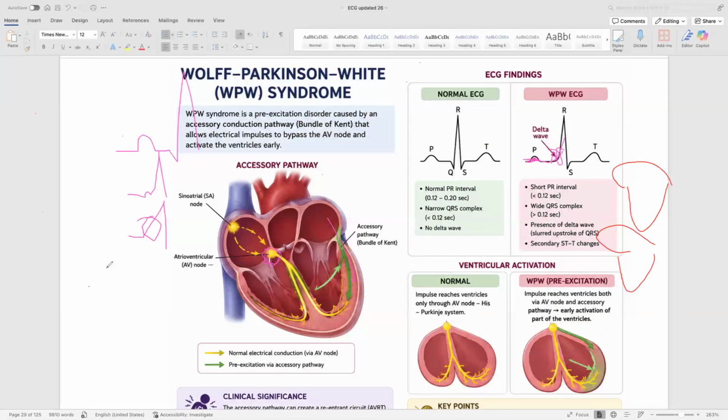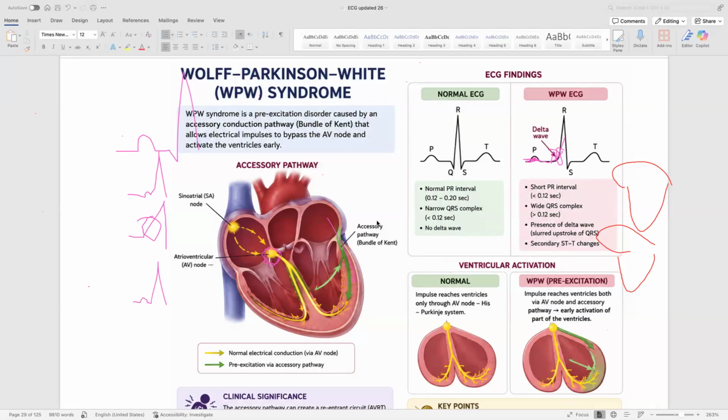Okay, if the rate is fast, I'm not sure. We can make some delay, at least to get an ECG where there is a low rate. In a low rate, we can find the short PR.